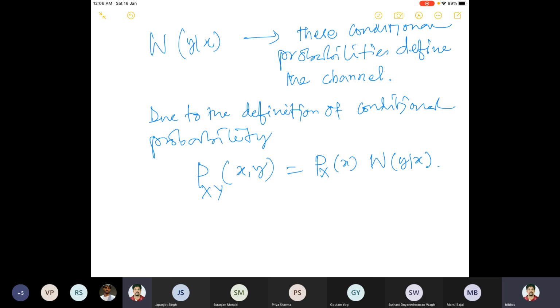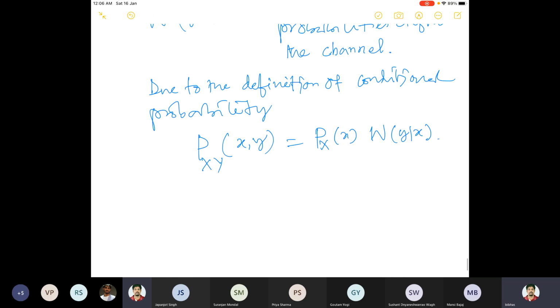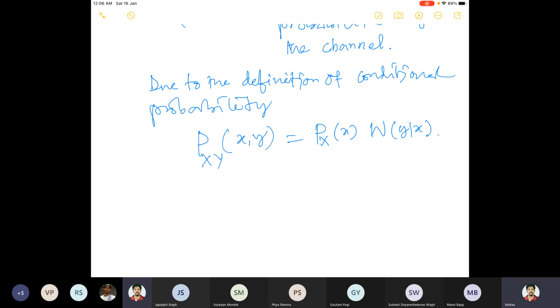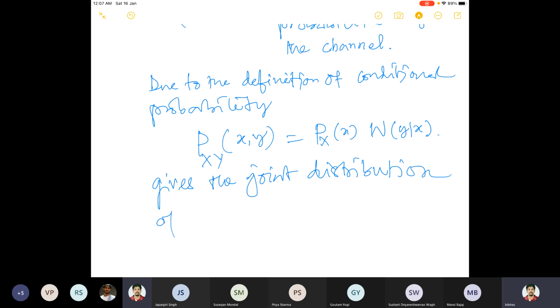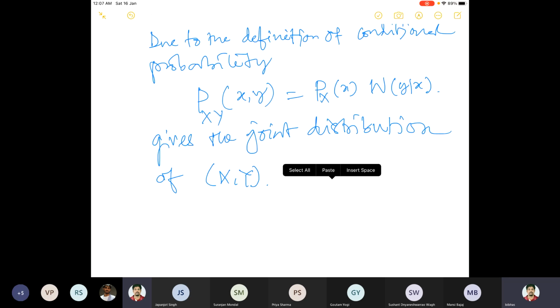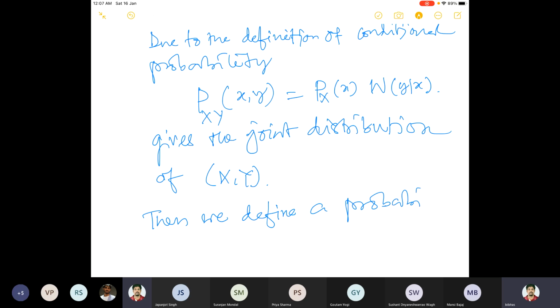Otherwise we can just say P of y given x, same thing. So this gives the joint distribution of X and Y. From here, we can then also define a probability distribution.